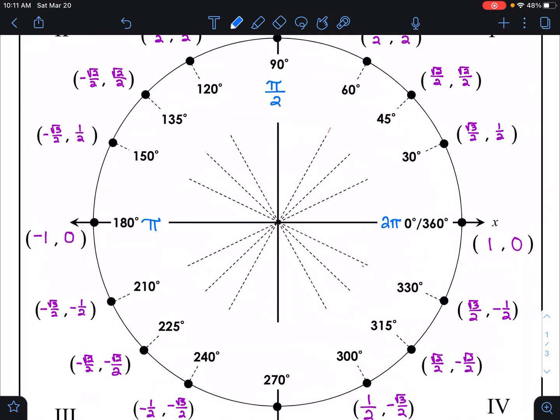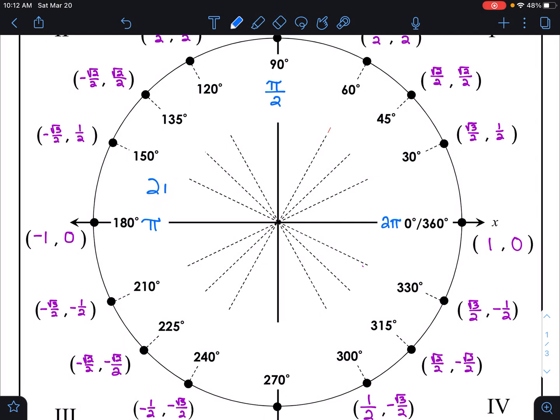So then, what is 270 degrees down here? Well, this is 1 pi. Or 1 pi over 2 would be right here. And then this would be 2 pi over 2, also known as 1 pi, right?